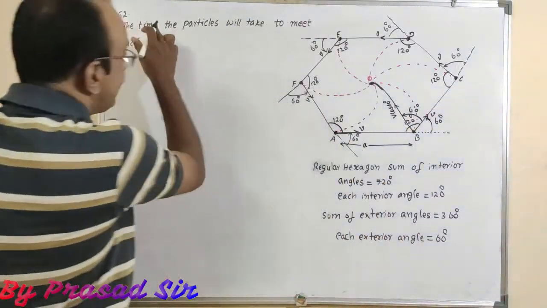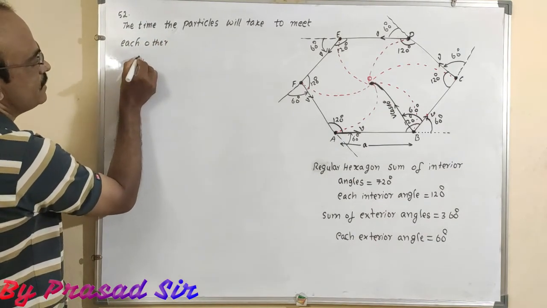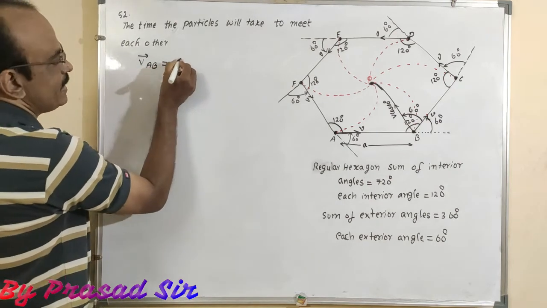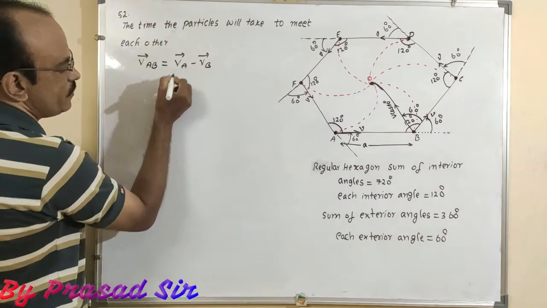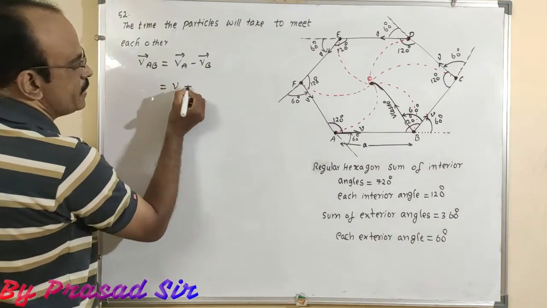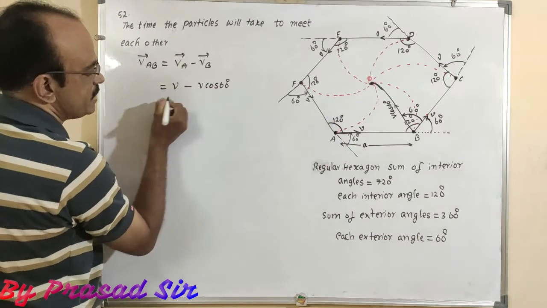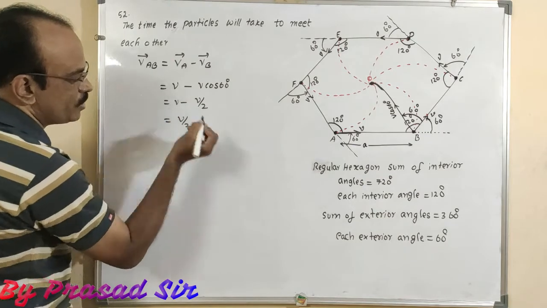But which one do we want to calculate? Time. So if you want to calculate the time, the relative velocity between A and B is required. That is velocity of A minus velocity of B. Velocity of A is V, minus velocity of B, which is V cos 60 degrees. So V minus V by 2 is equal to V by 2.